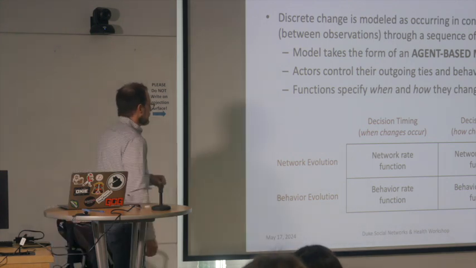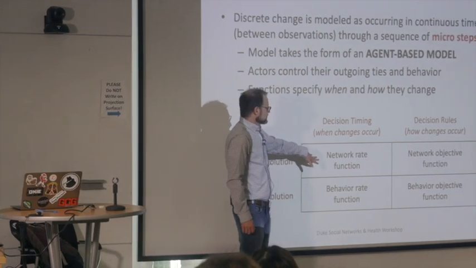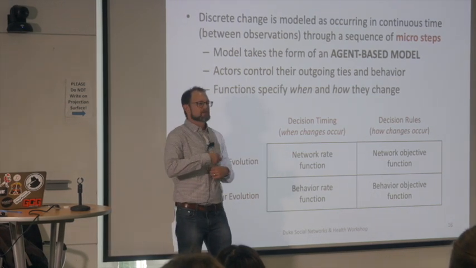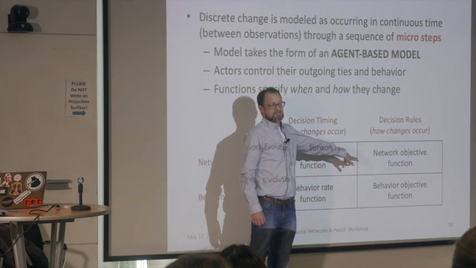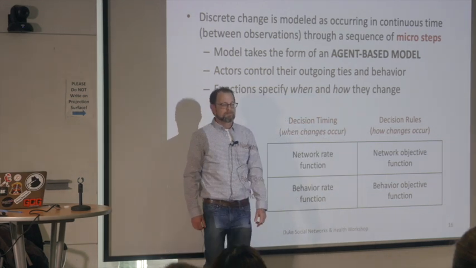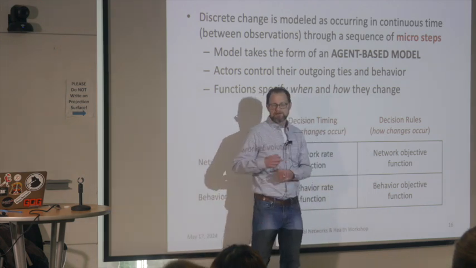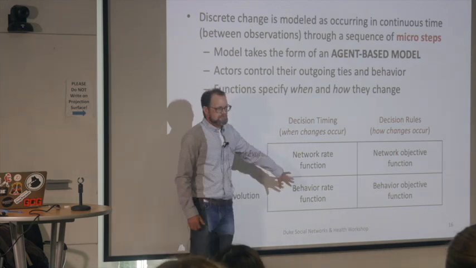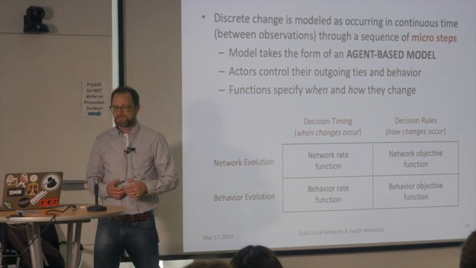Okay, so when we're talking about modeling change in the network, we've got a function that determines when changes occur, how often actors have an opportunity to change their ties, and then when an actor has a chance, what tie do they choose? Okay, we tend to focus mostly on this question, right? Who do people choose? And tend to assume that this is uniform, right? Everybody's got equal opportunities to change.